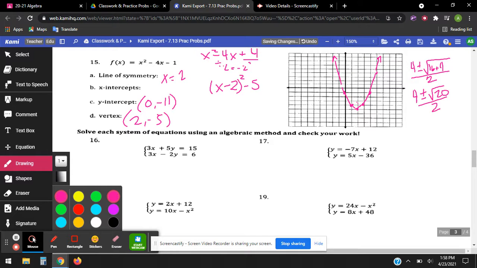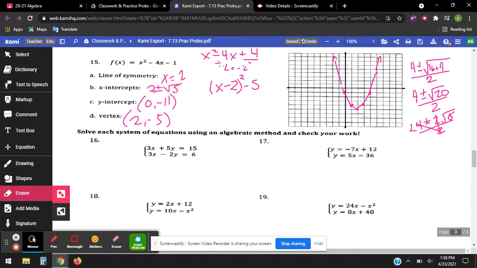And let's see, if we simplify 20, 20 is 4 times 5. So I can do 4 plus or minus 2 square root of 5, divided by 2. Then I end up with 2 plus or minus the square root of 5. There we go. Clean that up a little.